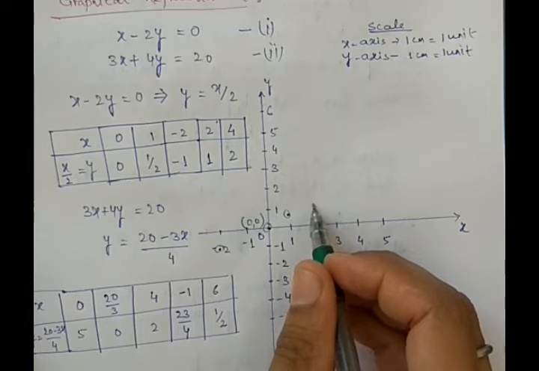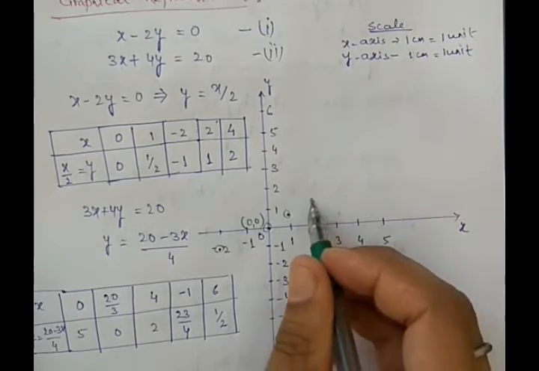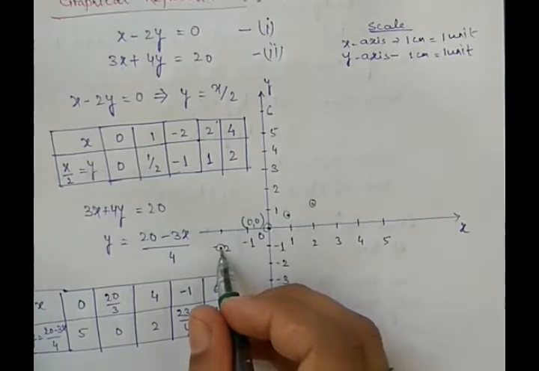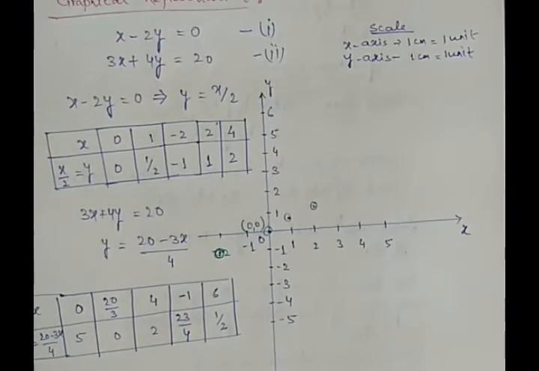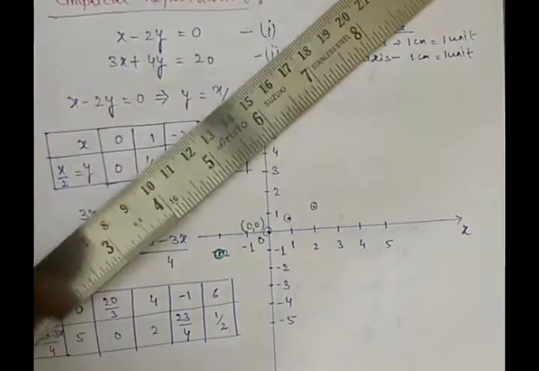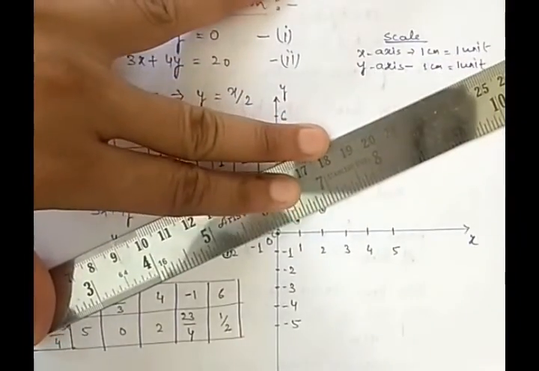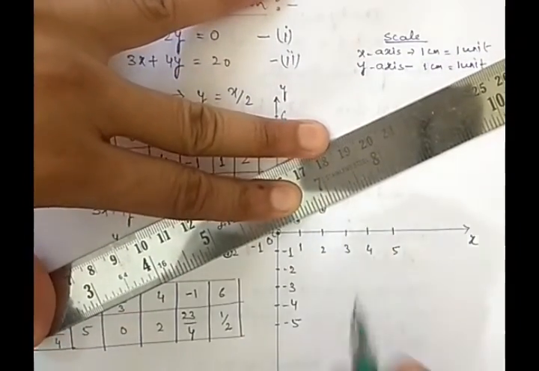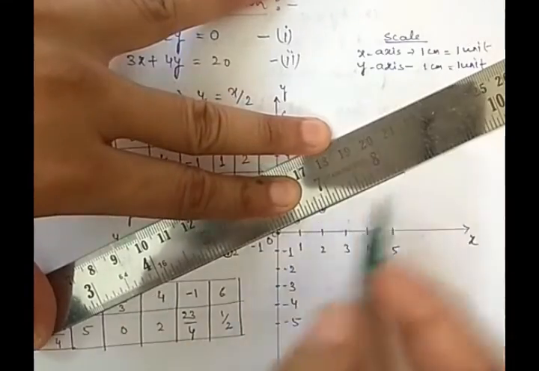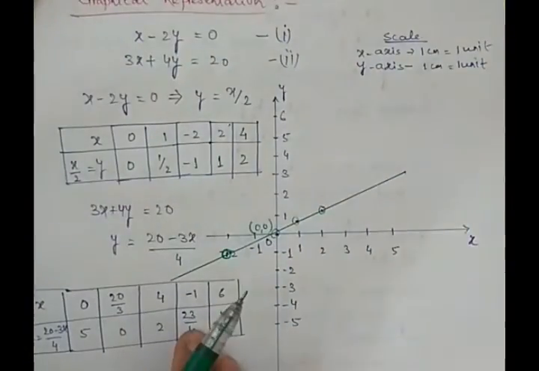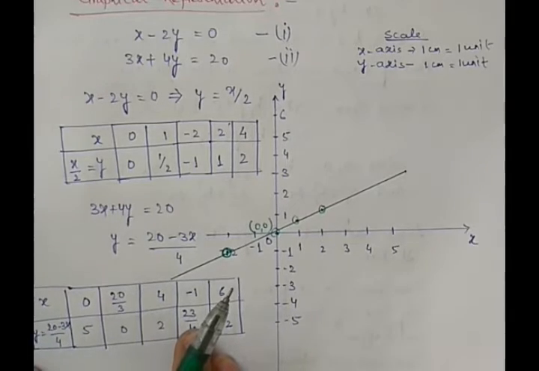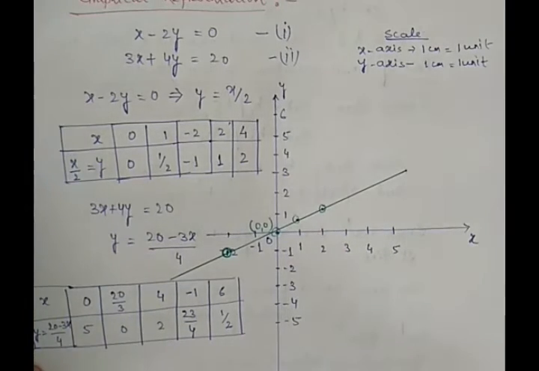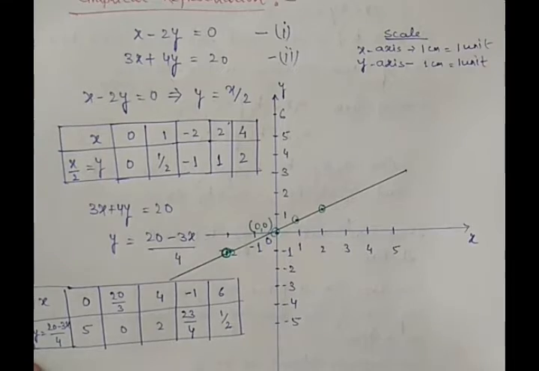So if we plot all the points like this and try to join them with the help of a scale, this will give you a straight line. Similarly, now we will try to plot the second equation.